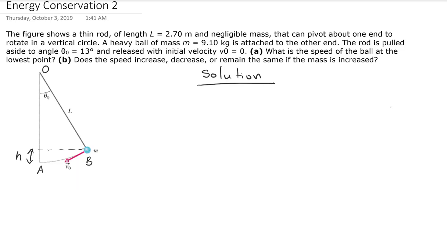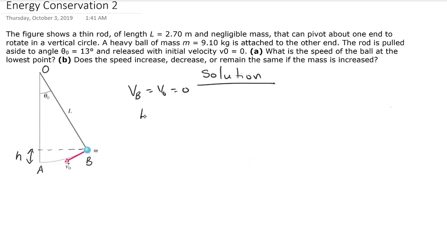This height is the height of B with respect to A. So with respect to point A, point B has potential energy. But since VB is V0, which is 0, the initial velocity of the release, the ball was released with an initial velocity of 0.